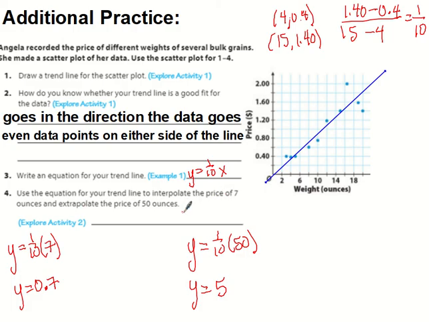And extrapolate just means that it's a point that would be out here that doesn't fit on our grid. Okay, we're making predictions for both. So here would be our predictions: 70 cents, right, and $5. But I don't want you to worry about those. We're still just making predictions. Okay, but I just thought I'd explain what those meant.